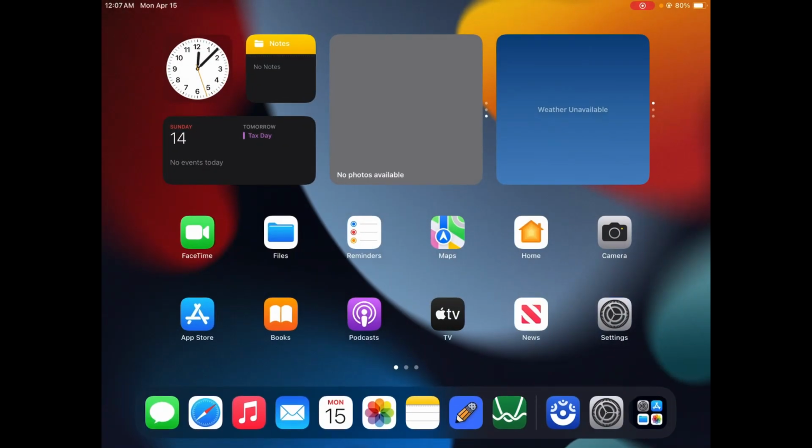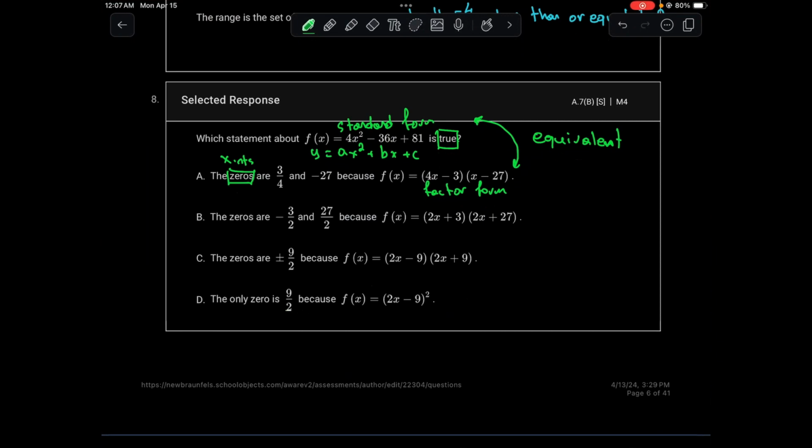So now I can potentially narrow it down a bit so I don't have to do all this. There is one x-intercept, which is the 9 over 2, and I see that that's only in option B. There is a 9 over 2 here, but it's giving you plus and minus. So the correct option is B.